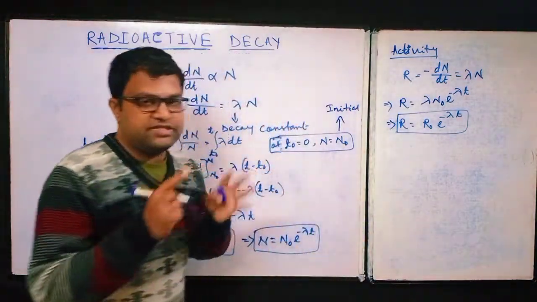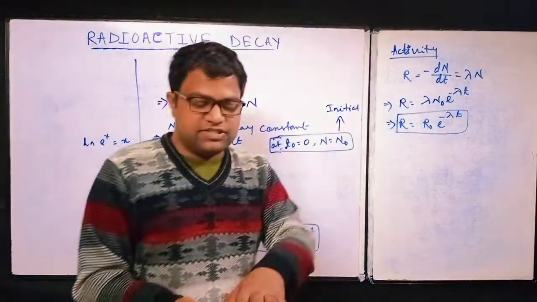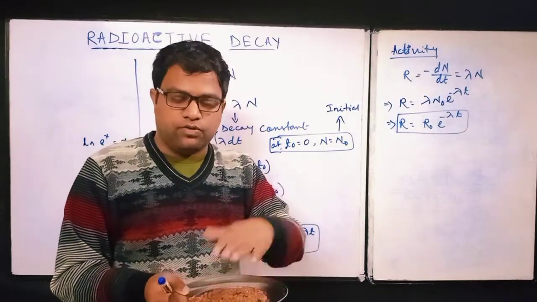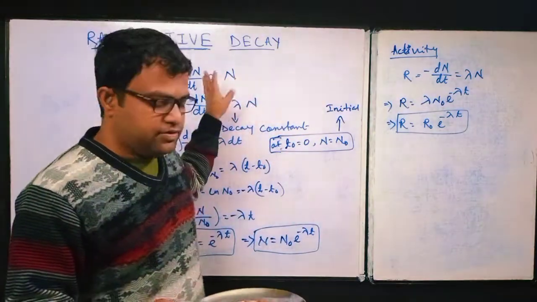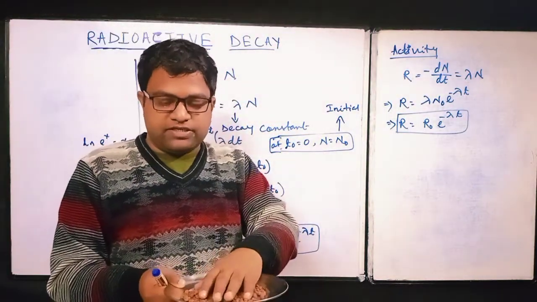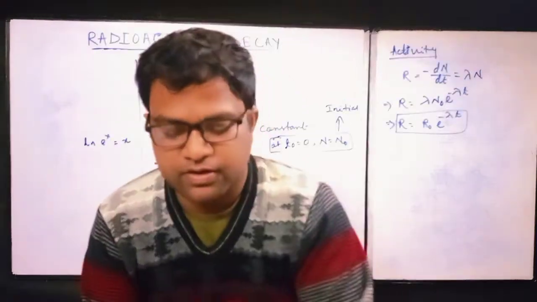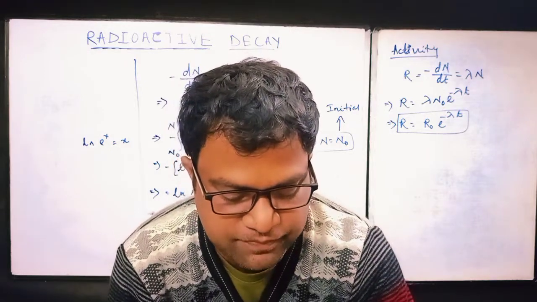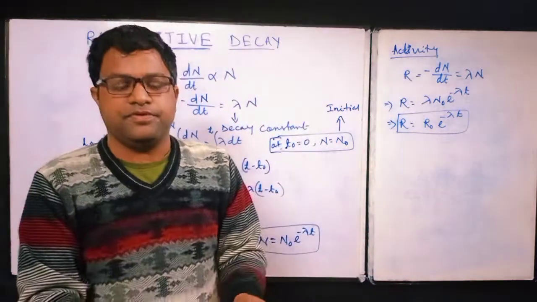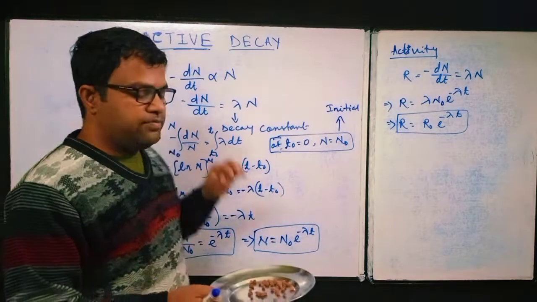Now we are interested to calculate the half-life period. Why? Because this disintegration will go on, and as it is proportional to n, when n decreases, that means after some time this radionuclide has disintegrated and very few nuclides are left. So now n is very small, so your rate will become very small.